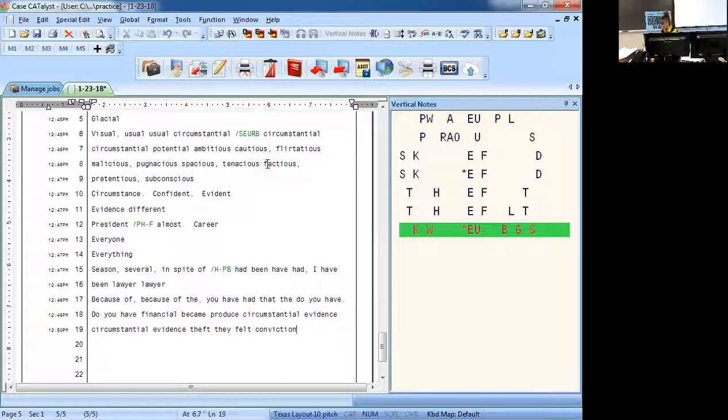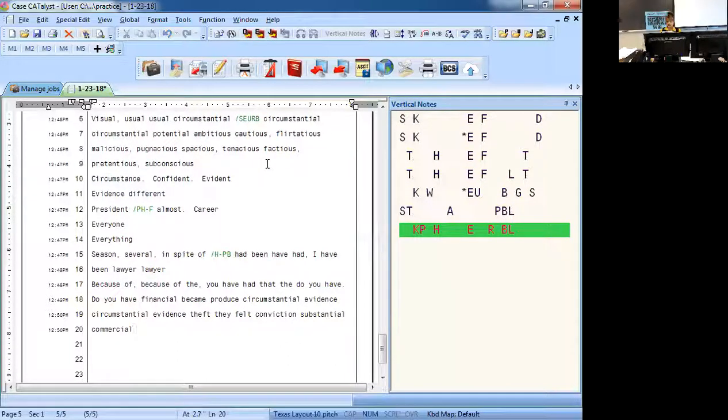Stanal, S-T-A-N-L. Stanal is substantial. Write these down because you don't want to be stroking them out, especially if they give it to you. And then you have commercial is K-M-E-R-B-L. K-M-E-R-B-L, commercial. Okay, so write those down. Practice the words with your dictionary on.